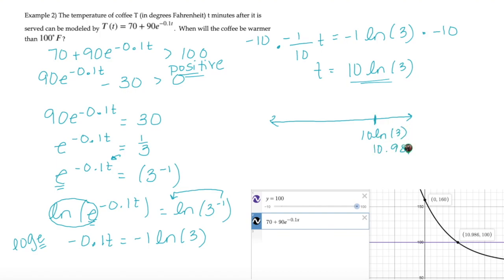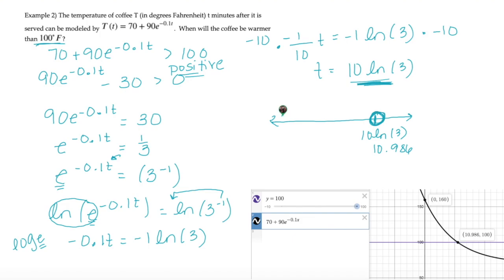So we can identify values above and below to identify if it is positive or negative. We want greater than. This exactly would give us 100 degrees. Here it wants us to be warmer than 100. It doesn't say equal to 100, just warmer than 100. So we're going to exclude this because that's the value that would give us exactly 100 degrees.